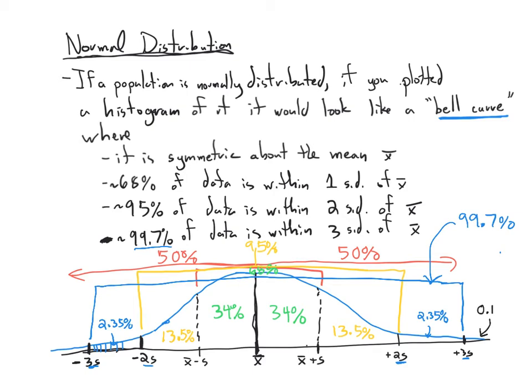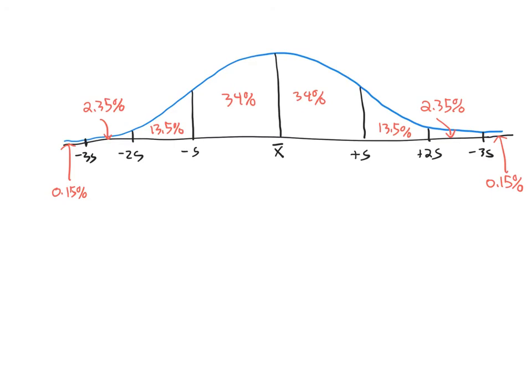So this is going to be 0.15% of my data down here, less than 3 standard deviations below, and another 0.15% up here, more than 3 standard deviations above. So let me draw this again on the next slide so it's a little less messy. So there is a better drawing of what a normal distribution looks like. In fact, I'll label it normal distribution.